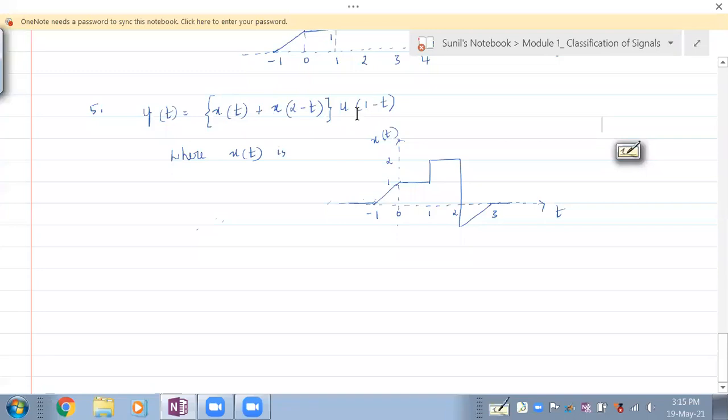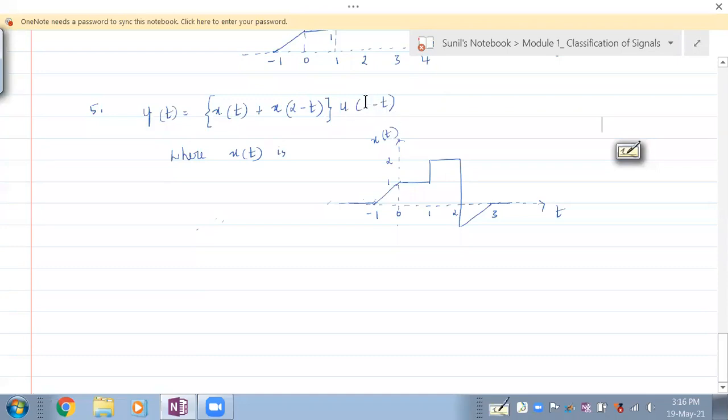And what is special about this u of 1 minus t, anybody? See here, this is not u of t minus 1. We write u of t plus 1 or u of t minus 1, but it is not that. It is u of 1 minus t. So you need to be a little careful regarding this, or else you will find problems.